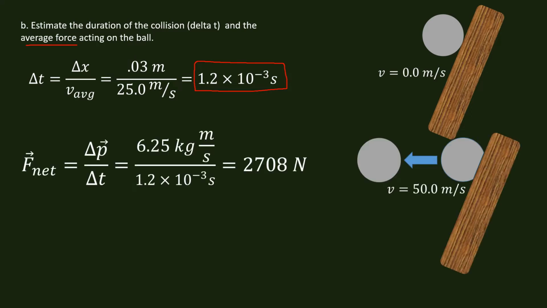And then we will find the net force. The net force is going to be the change in momentum that we figured out divided by the time, the delta t, which is very small. And so for that time frame, we have 2,708 newtons.